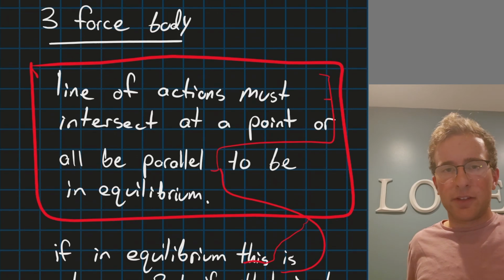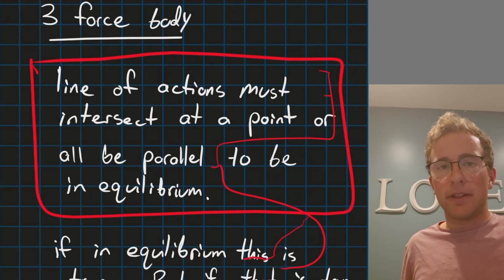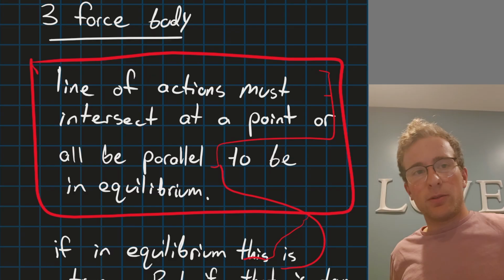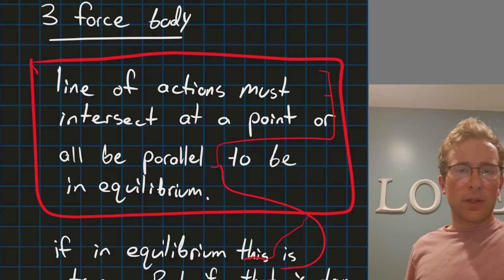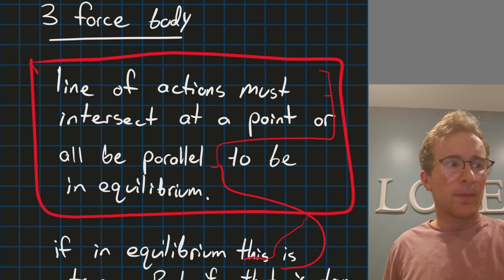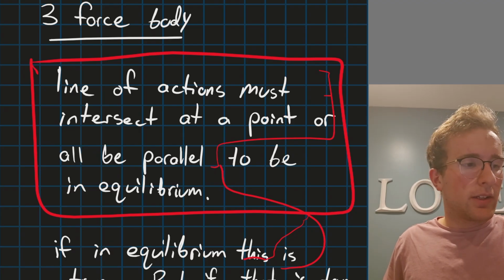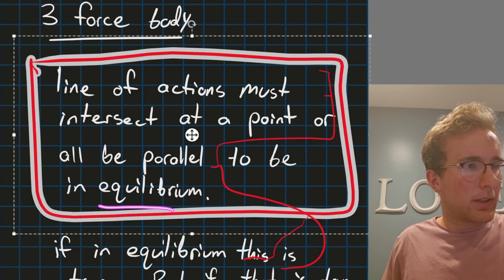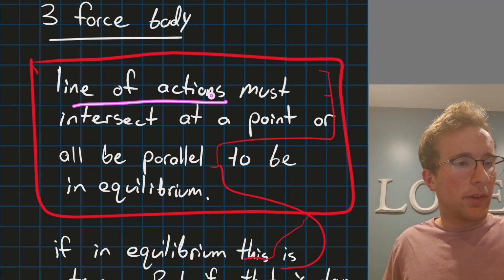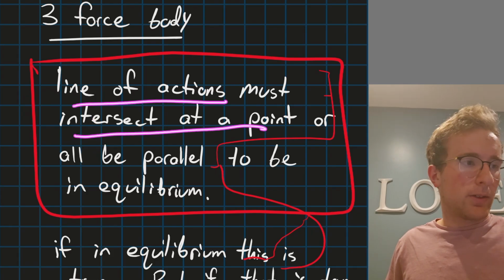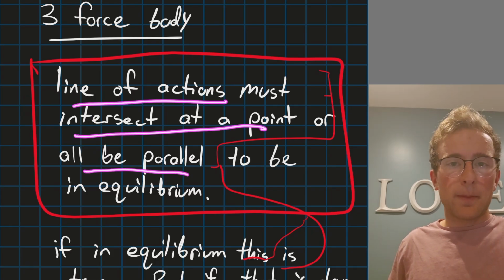Okay, and then similarly, a three-force body can be simplified to a body where there's three forces acting on it. Now this one's a little bit different, okay? If the body's in equilibrium, then the lines of action must intersect at a point or be parallel.